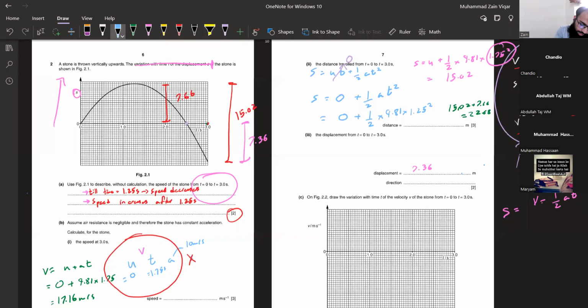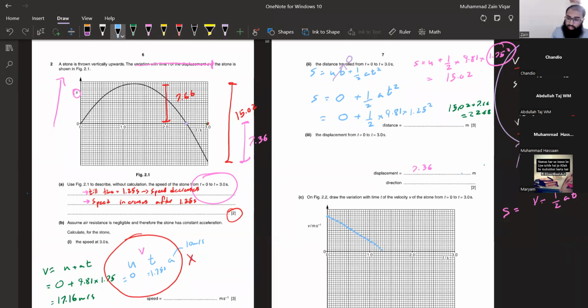If I talk about the speed graph, I know speed has an initial value and it started to decrease. It's a straight line indicating that the acceleration, the gradient, is constant. The gradient of a velocity time graph is acceleration. So I'll get a line something like this.